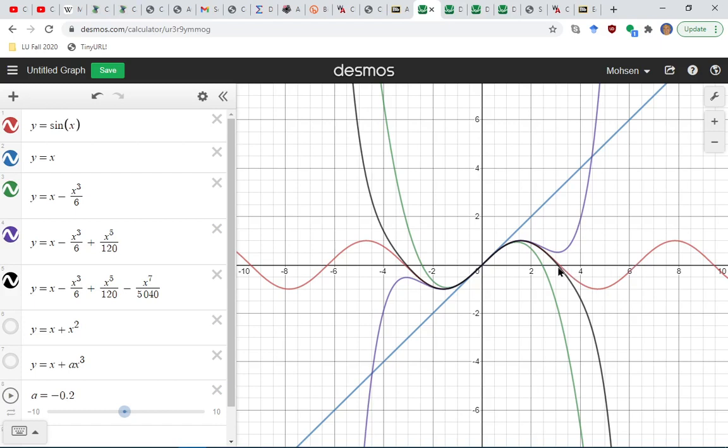So two issues come up. One is, if we use these polynomials instead of the actual function, how much error are we making? Well, that's a simple question. Calculate both of them, subtract them from each other, and that's the amount of error you're going to make. So if you want to know how far off this black one is from the red one, say at x equal to 4, you put the 4 in sine of x. Of course, this is in radians.